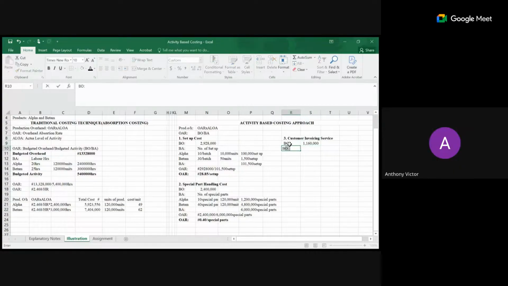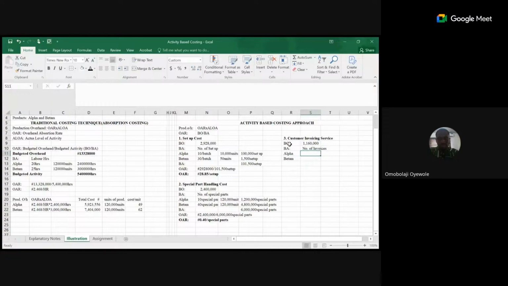Then the budgeted activity for customer invoicing service is number of invoices. So for alpha and for beta.